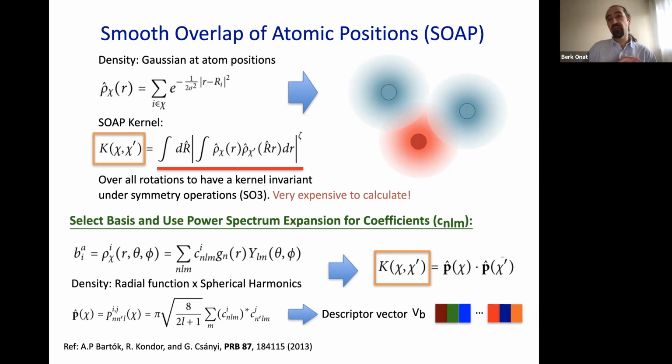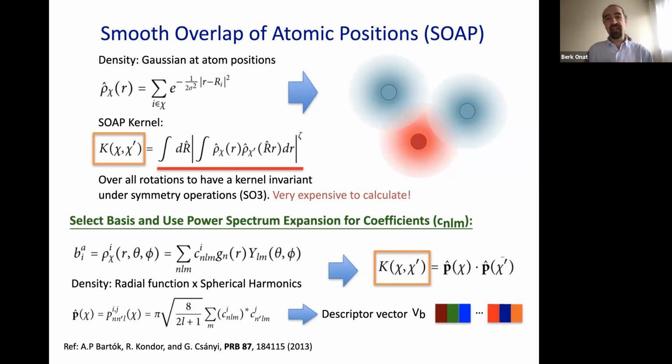So we try to capture all of the rotations over the two neighborhoods for an atom. We'd like to capture that inside the kernel so we can represent all the structure. So this kernel can be used in similarity analysis or in Gaussian approximation potential. But today we will not use it in that way.